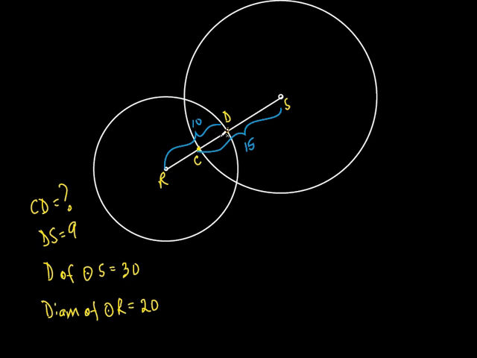How would you find out what's overlapping? Let's do this. And remember, DS is 9. Don't forget that. So from here to here is 9. That should be helpful. You wouldn't be able to find CD without knowing this.